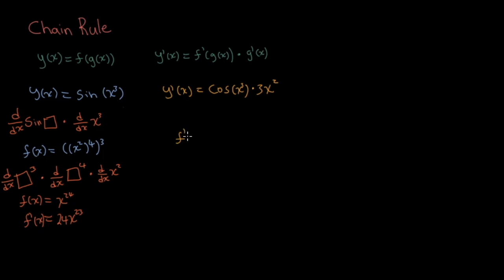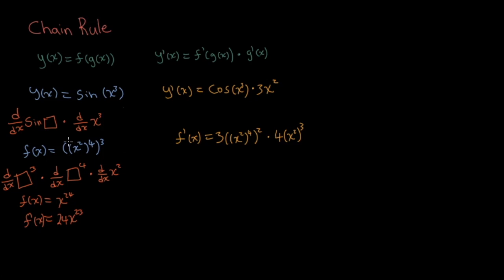If we evaluate it using this format, we would get f prime(x) equals the derivative of the outer function, so that would be 3 times that to the power of 2, x squared to the power of 4, times the derivative of the next inner function, so that would be 4 times x squared to the power of 3, right?